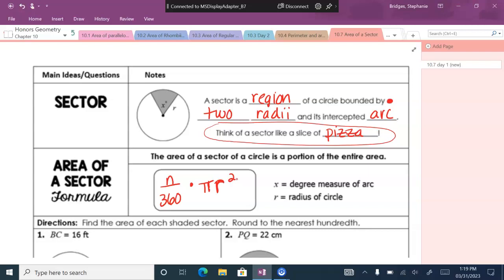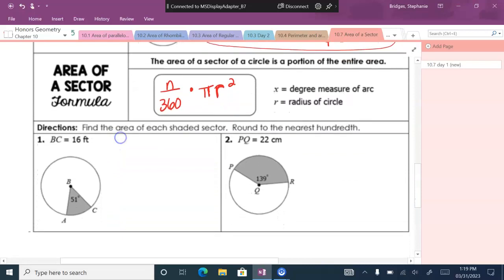Everybody good? Take a look at that first one. You probably either just write down what it tells you or you can draw your circle as well. Up to you.